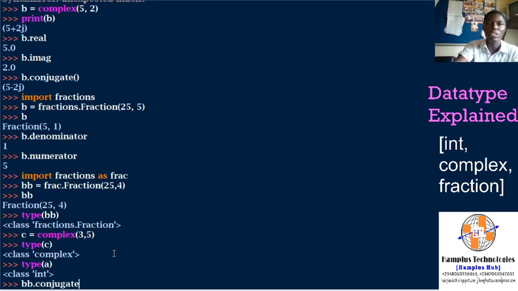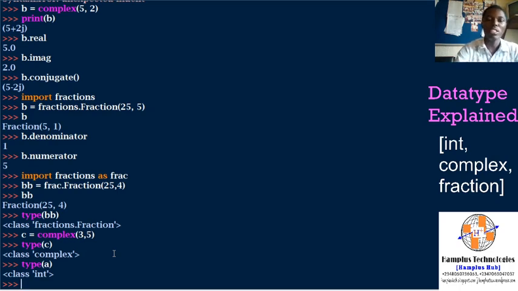You see them as conjugate, and the denominator gives you the denominator of the fraction. Then there's the imaginary part, if it's a complex number, but this is not a complex number. So in this video, we'll just briefly see how we can do these things: the fraction, the conjugate, the complex number, and the integer.